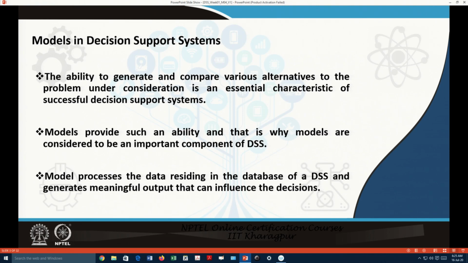When we talk about models in decision support systems, we must know that the ability to generate and compare various alternatives that have been formulated to solve the problem under consideration is mainly supported by these models.